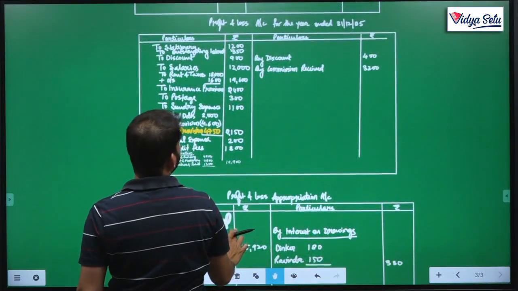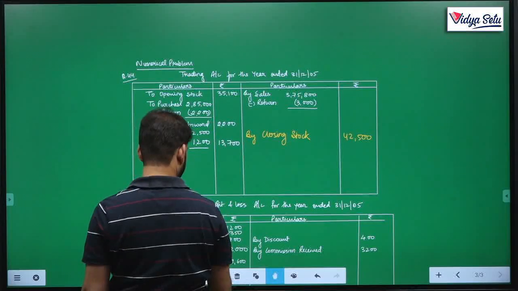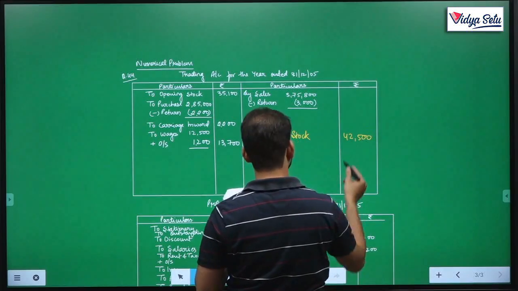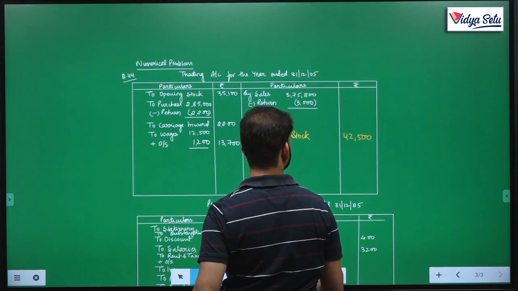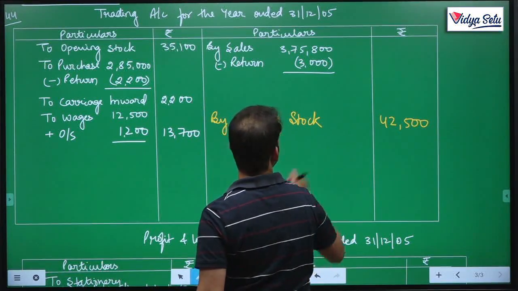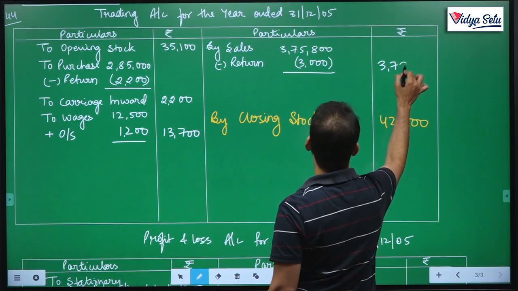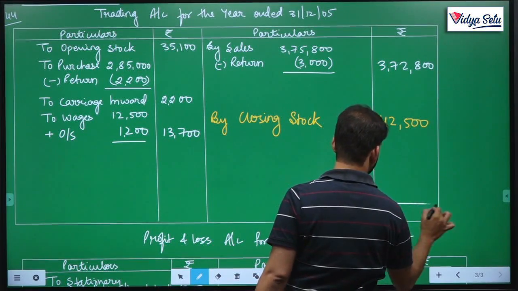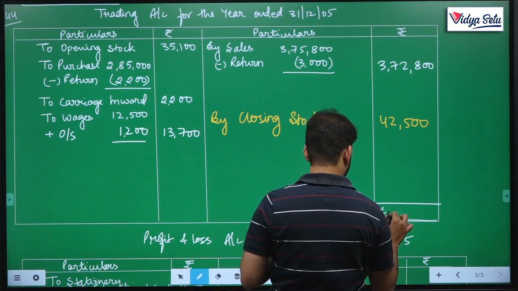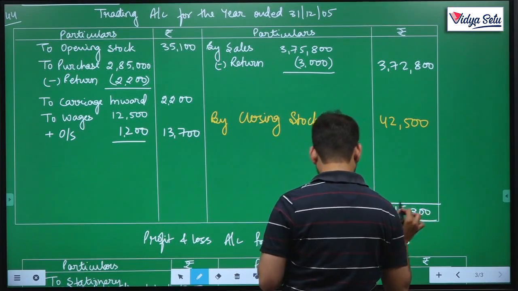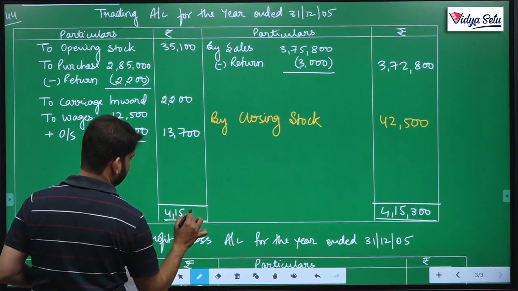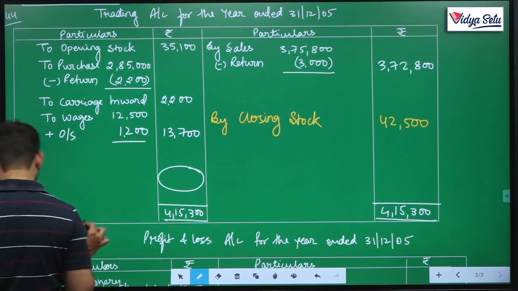First of all, trading account. So, in trading account, we have 375 minus 3000, so 3 lakh 72,800. The total here comes to 4,15,300. Here also 4,15,300.